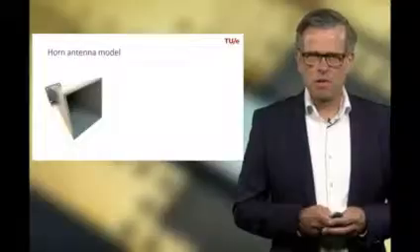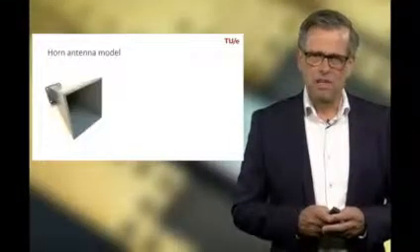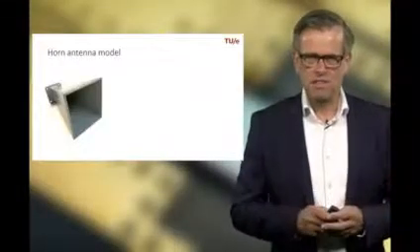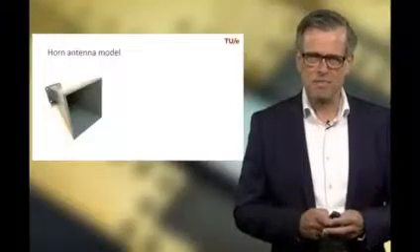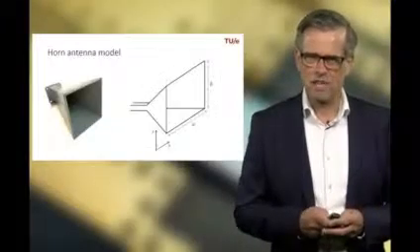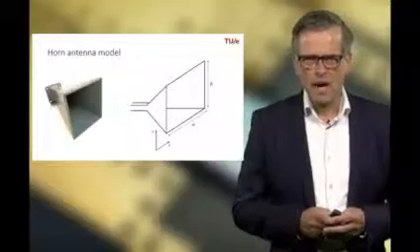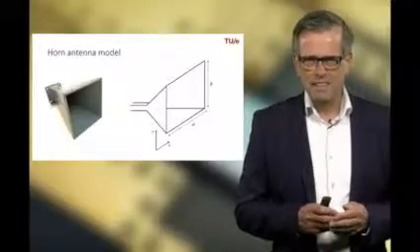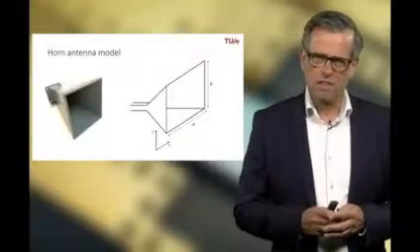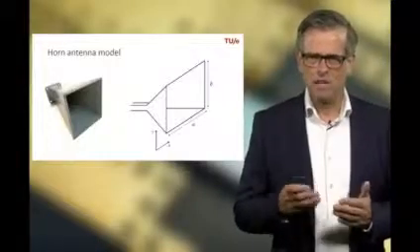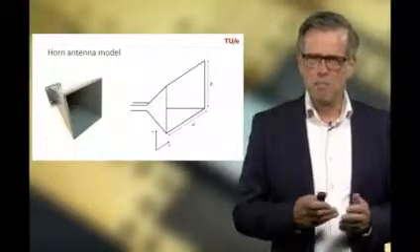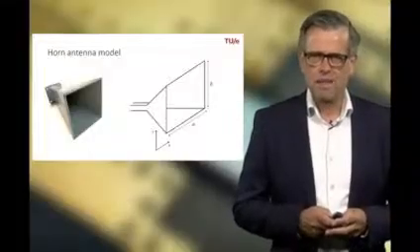Now, let's first look at the model. So I already showed you an example, which is in this case a classical rectangular horn antenna. It's square in this case, but it can have, of course, a rectangular shape, like shown here, where the length of the horn is given by A and the height is given by B. So A is along the x-axis and B along the y-axis.